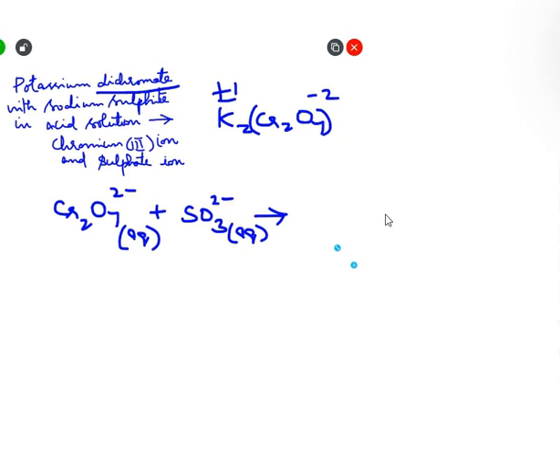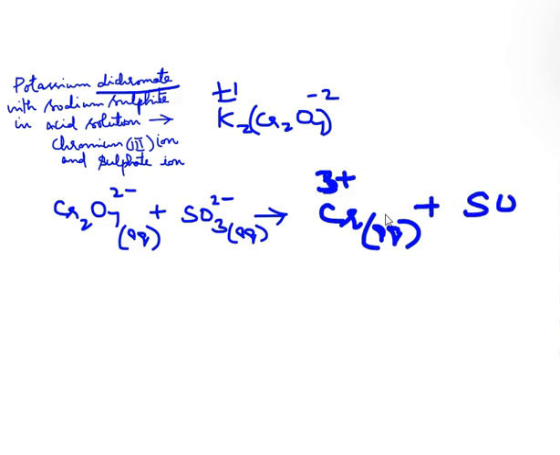So this reacts to give chromium ion, Cr3+, it's given 3, so that is 3 plus, and sulfate ion SO4 2 minus. This is also going to be in aqueous form.